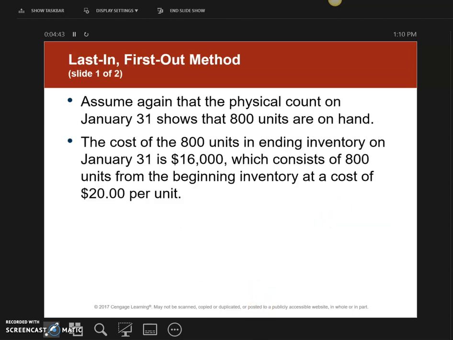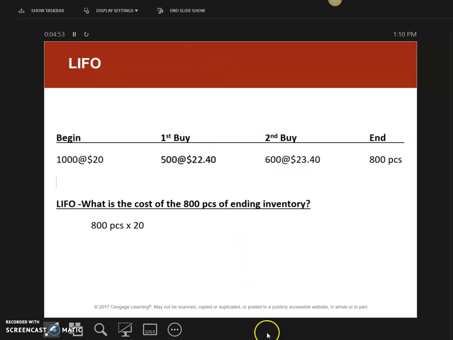We're going to use the same data. We know we have 800 pieces on the shelf. Doing LIFO, last in, first out, we want to know what is the cost of them. So here's my little sheet. Here's my beginning inventory, my first purchase, my second purchase, and I have 800 pieces left.